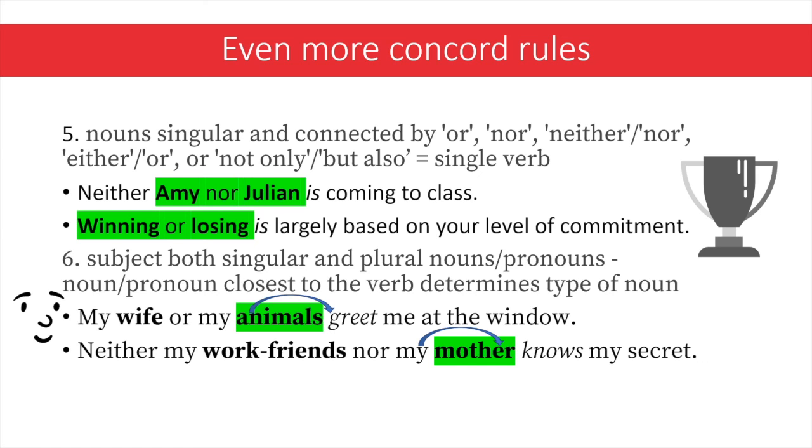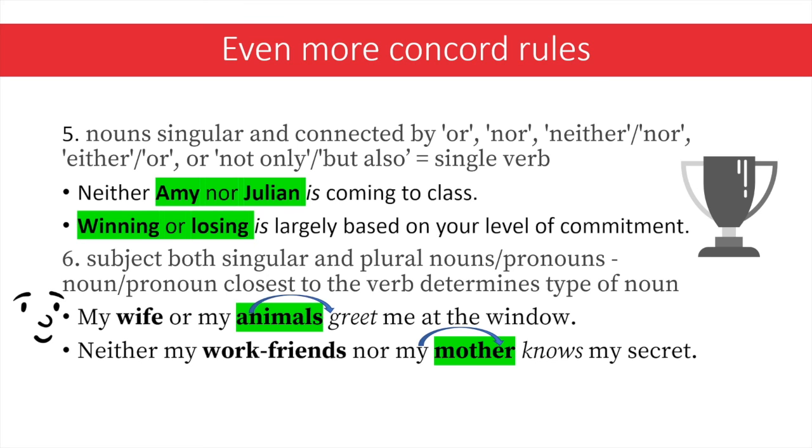Number 6, if a subject, in other words, the main thing of the sentence, consists of both singular and plural nouns, it is the noun or the pronoun that is closest to the verb that determines if the verb is in fact plural or singular. We call this the rule of proximity.